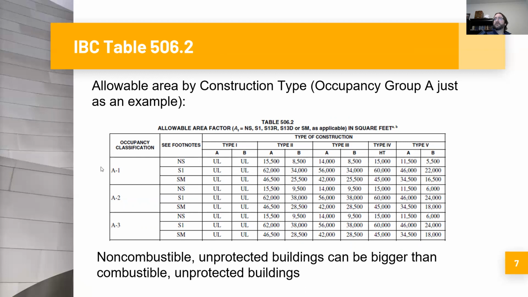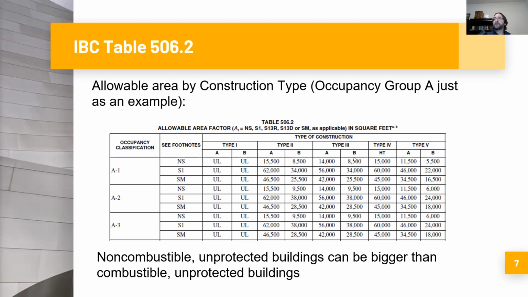So you're building of occupancy classification A1, so an assembly group, not sprinklered, you can really only have 5,500 square feet. So you're limited in size here.